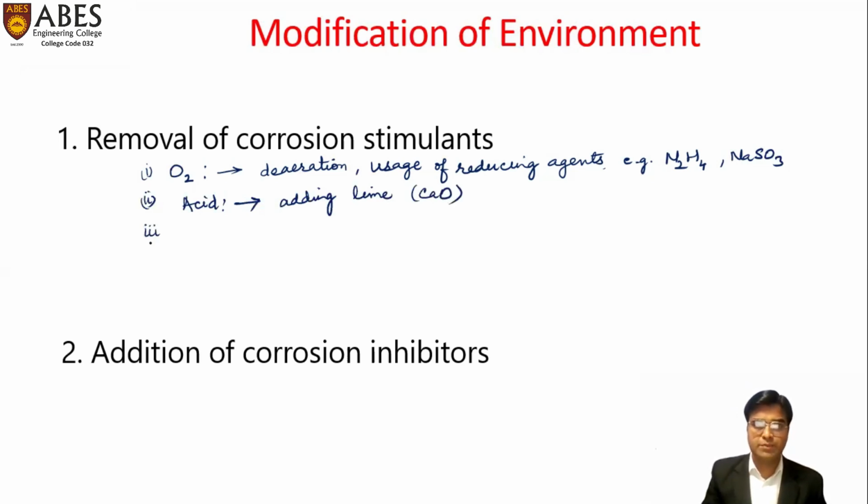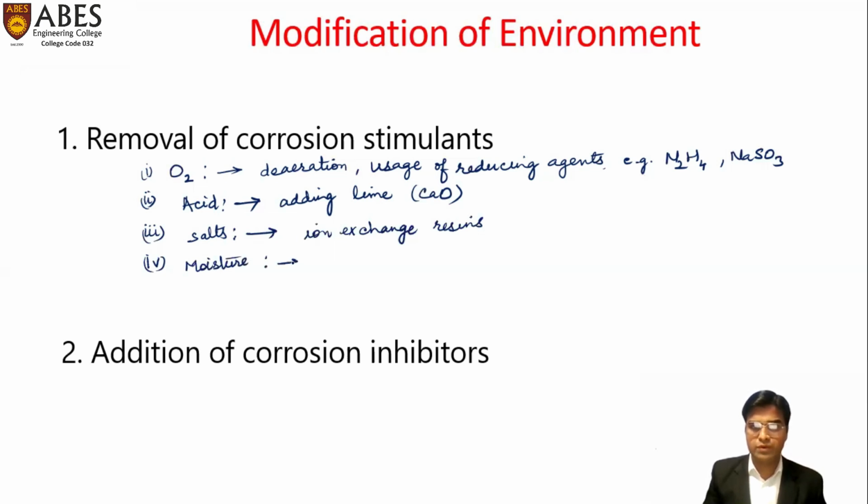The third thing which promotes the corrosion is presence of salts. These increase the conductivity and help in the corrosion process. So the salts can be removed by ion exchange reagents. The fourth thing which may cause corrosion, and it is mostly involved in the wet corrosion, is moisture.